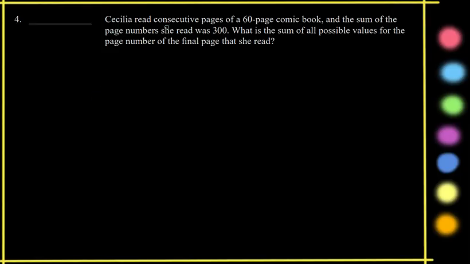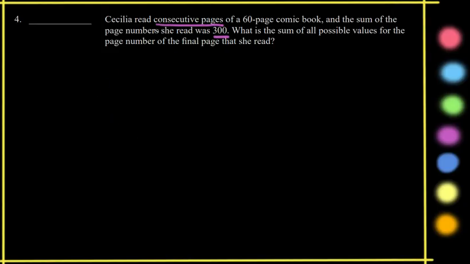So it says Cecilia read consecutive pages of a 60-page comic book, and the sum of the page numbers she read was 300. What is the sum of all possible values for the page number of the final page that she read? Okay, so she read consecutive pages, and the sum of all those pages was 300.